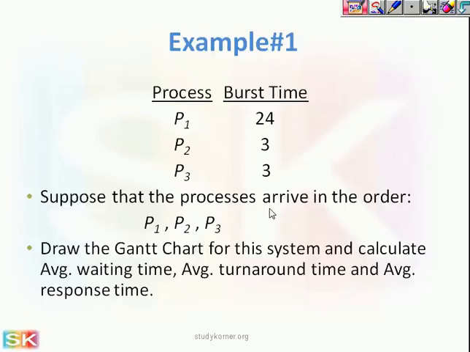Say P1 arrived at time 0, P2 arrived at time 0.00000001, P3 arrived at 0.000000000001, right? So overall their arrival time is almost 0, but P1 has arrived first, then P2 and then P3. So we know the order, right?